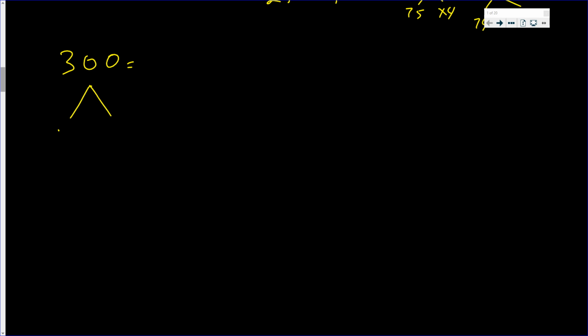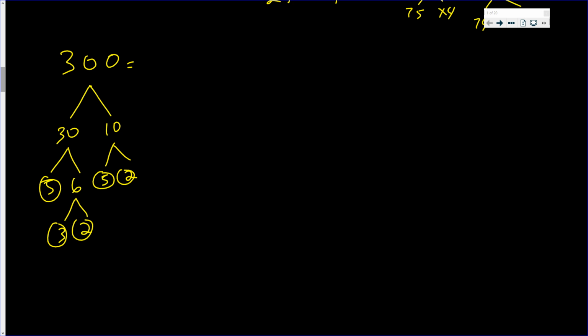One may say 30 times 10 is 300, which is true, but 30 is not prime. You can say it's 5 times 6 or 10 times 3. 5 is prime, 6 is not, it's 3 times 2, and that's prime. 10 is 5 times 2, and those are prime. So you have 2 times 2 times 3 times 5 times 5.